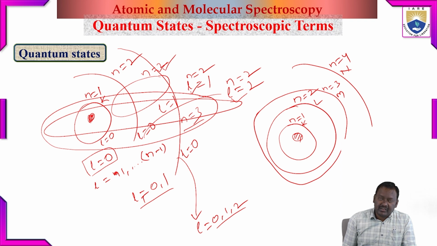But if you calculate the energy of an electron in any orbit, even the circular orbit, or the orbit having l value 1, or the orbit having l value 2, the energy of the electron is the same. It is observed to be the same for the electron revolving in all those three orbits.